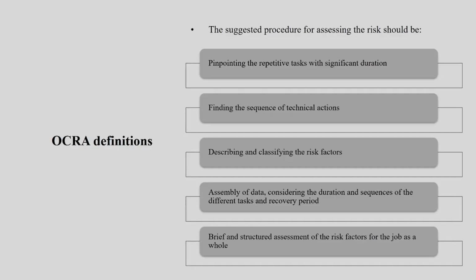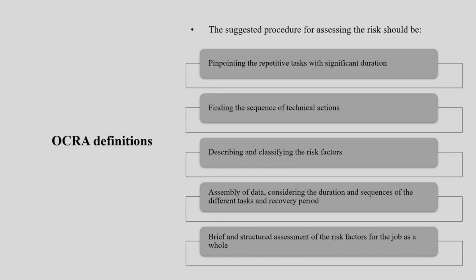So the OCRA definition: the suggested procedure for assessing the risk should be pinpointing the repetitive task. That's why I am saying a very important part of OCRA is repetition.